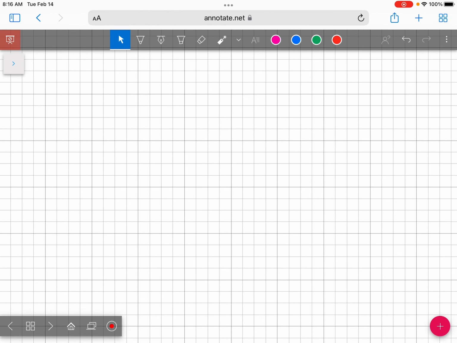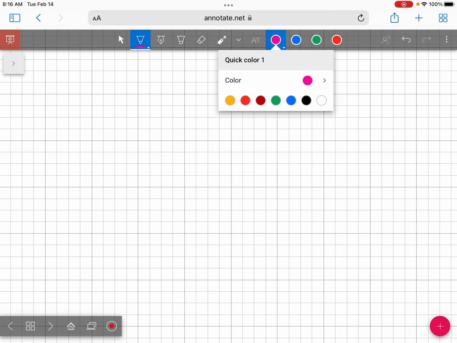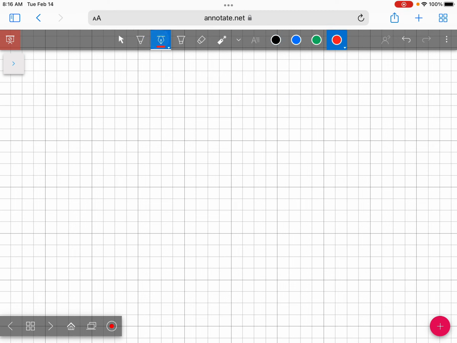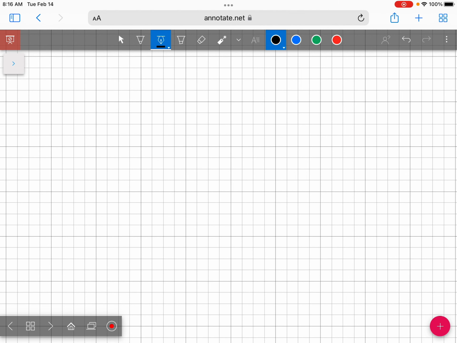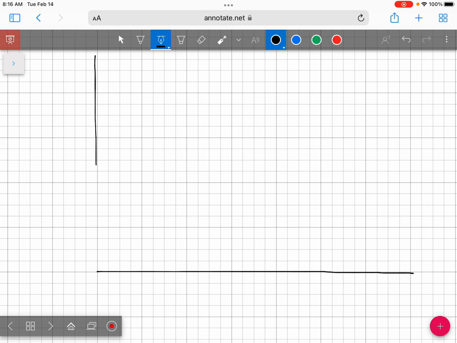Okay, I'm going to go along here real quick. Okay, there's our x and y axis, okay?